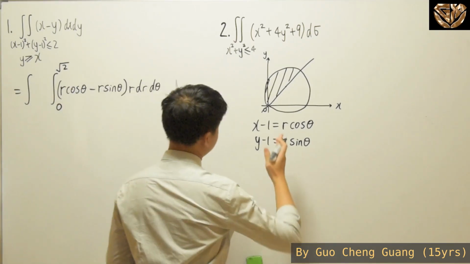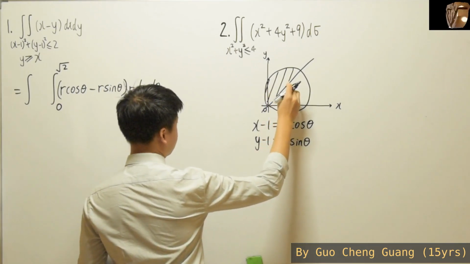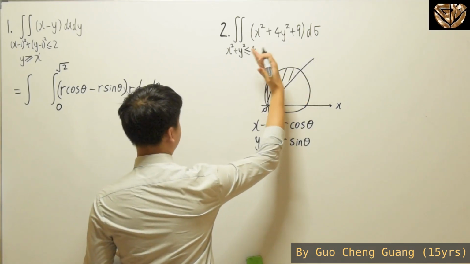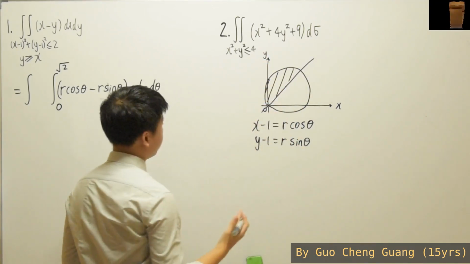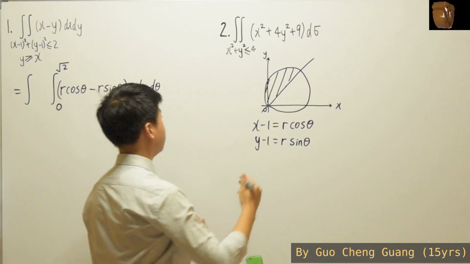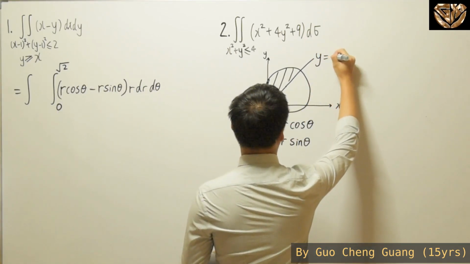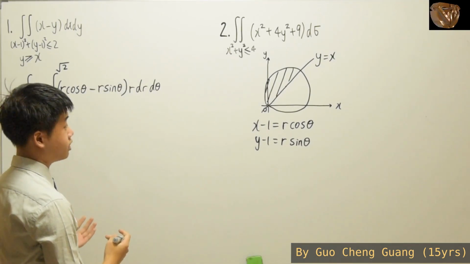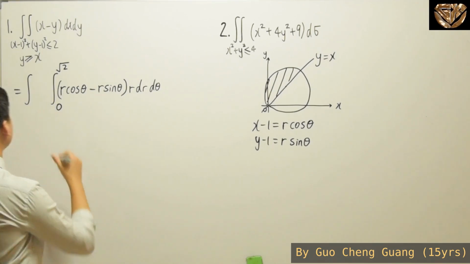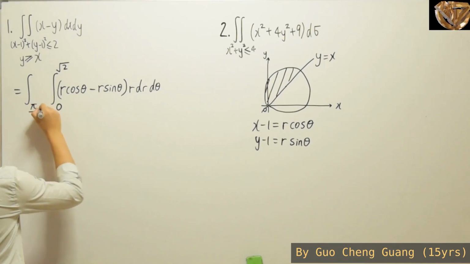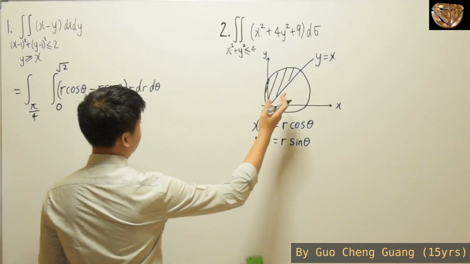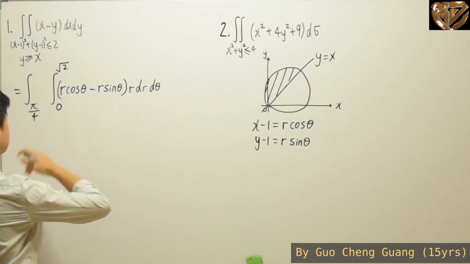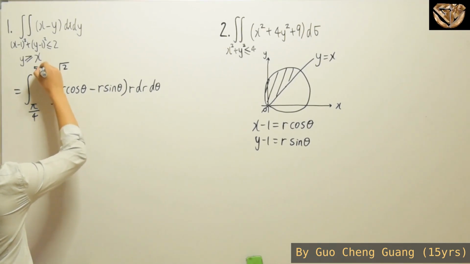Since you're starting from your center, you will have this angle over here until this angle here. How do we find this angle? Now, this is y equals x, your gradient is 1, and inverse tangent 1 is pi over 4. On the other side, you will also have pi over 4 below your x-axis, so you just have 5 pi over 4.